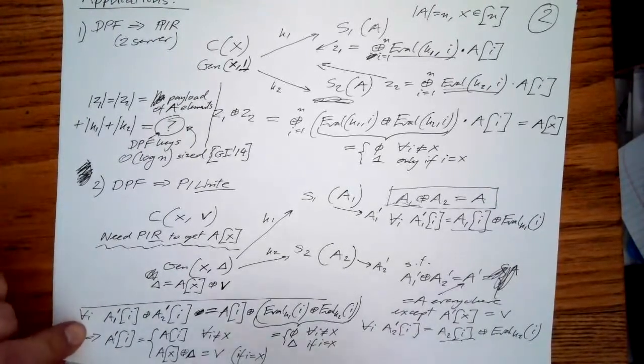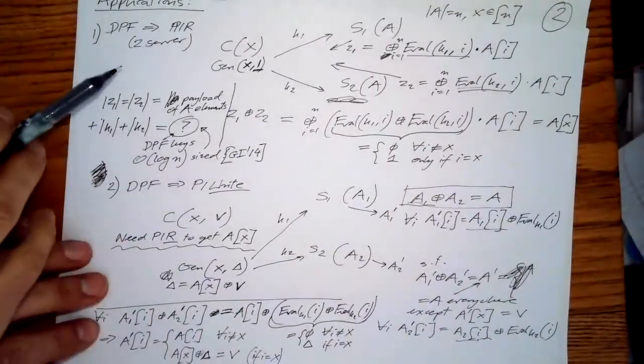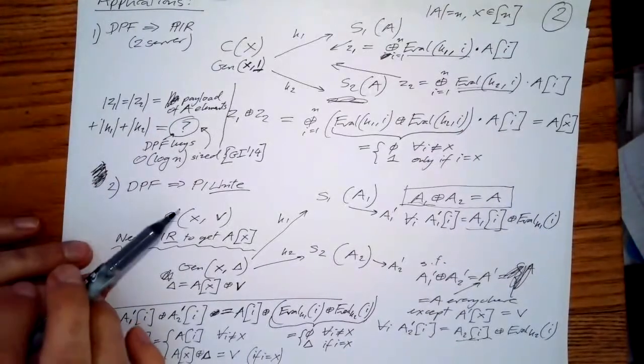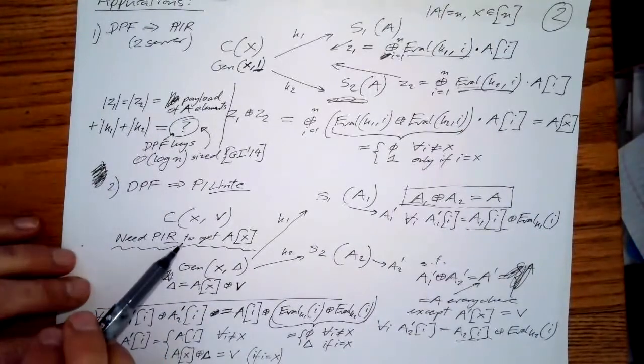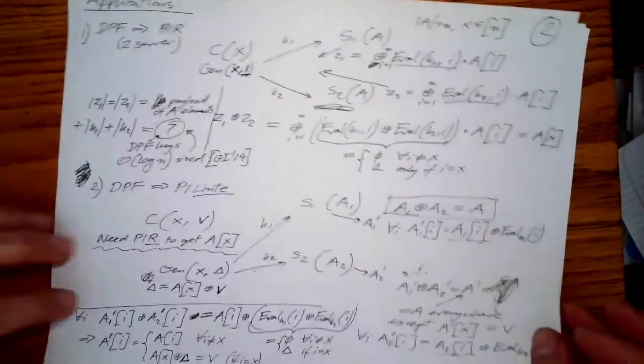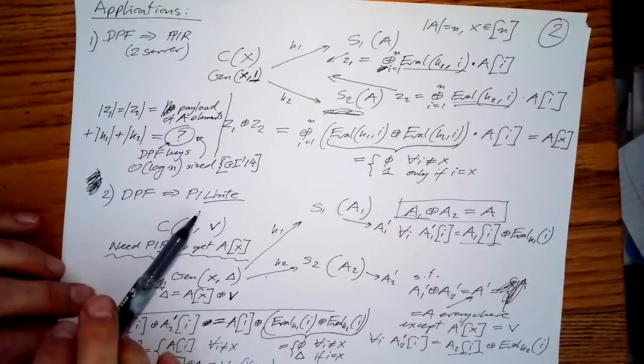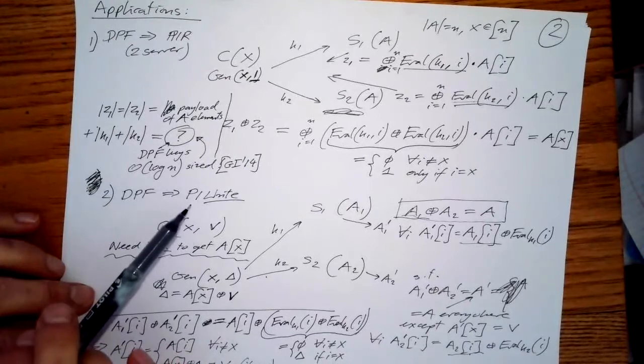So maybe this is a decent segue. We have a way to read, and we have a way to write, but the write depends on the read. So this is really not a full write.